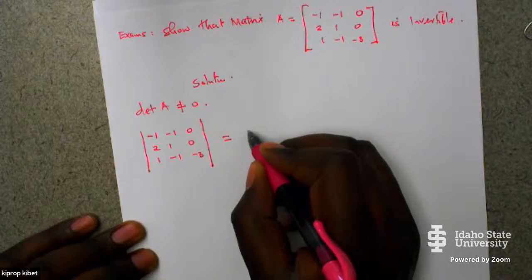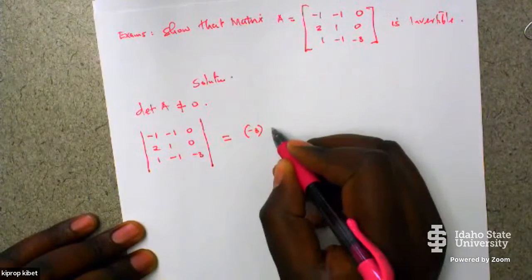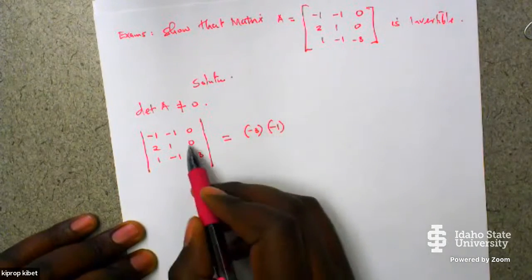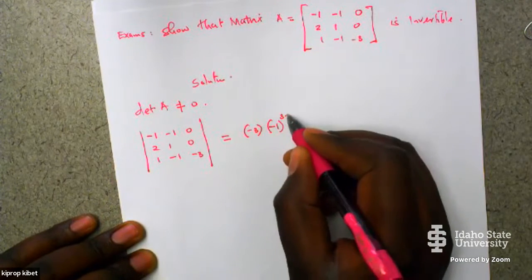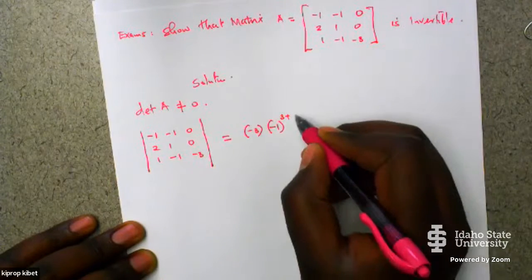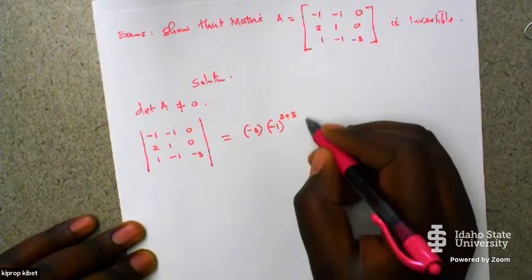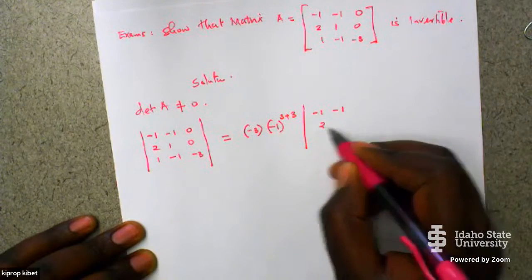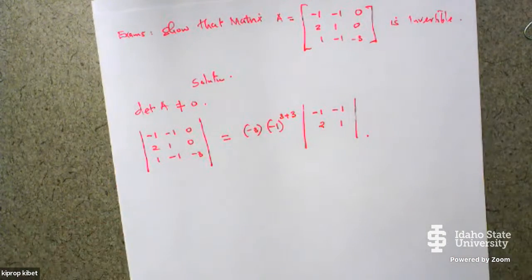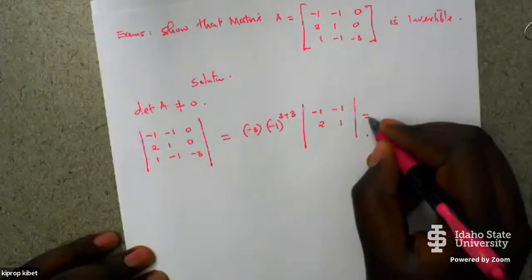In this case, we have -3 and then (-1) raised to the power of 3 plus 3, since we are deleting the third row and third column, times the determinant of [-1, -1; 2, 1].